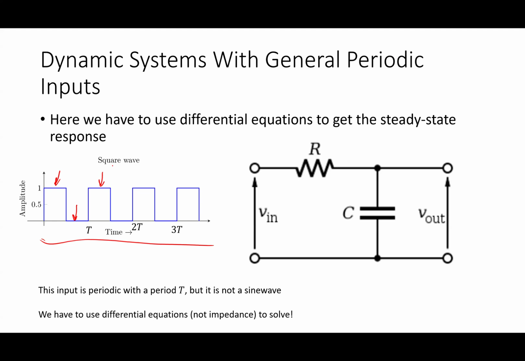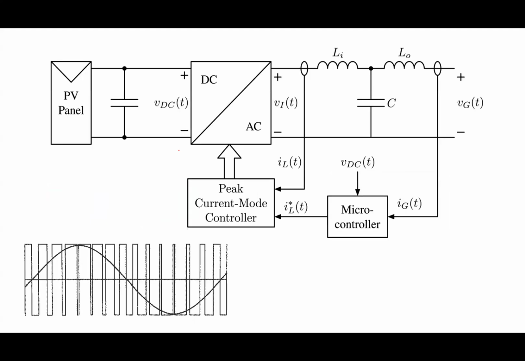Or what I can do is say this thing is actually a sum of sine waves, and I can do impedance analysis at each of the individual frequencies. So it allows us to simplify a lot of stuff. I gave this example the other day: if I'm taking a solar panel, which is a DC output, and I put it into a device called an inverter, this V sub I looks like this guy right here.